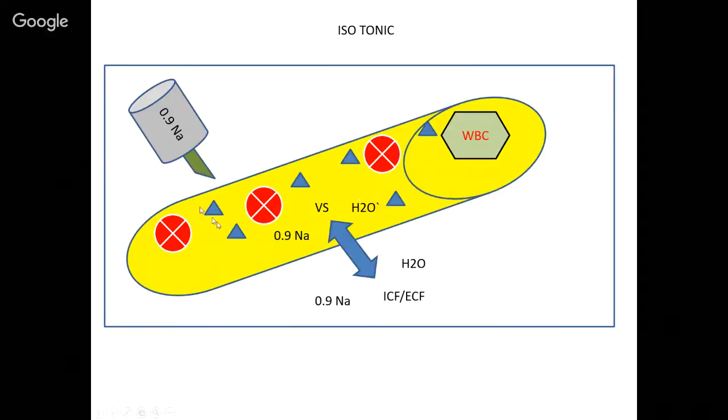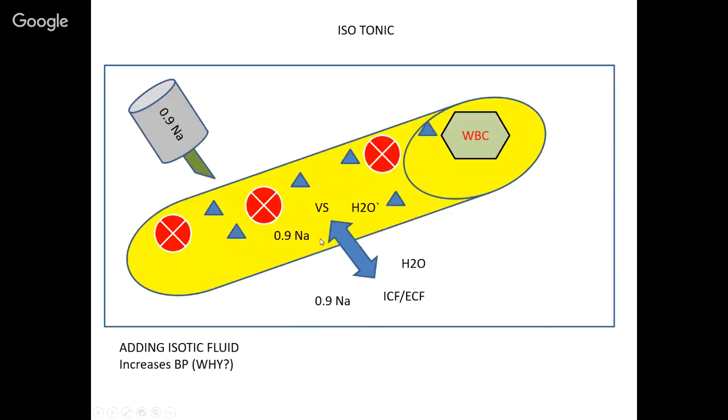We have 0.9 in the syringe, 0.9 in the vessel, and 0.9 in the extracellular fluid. As we add this 0.9 into the blood vessel, there are no chemical forces happening. We're just adding the same concentration, so it's not going to change the chemistry or elevate or depress the concentration compared to the outside. Water is going to move freely in and out.